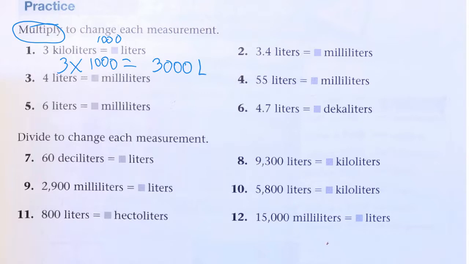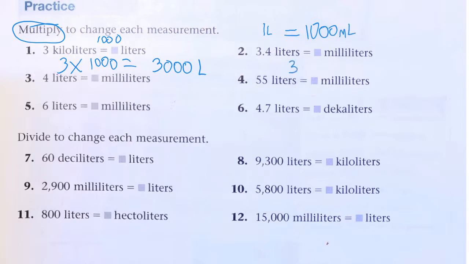Liters to milliliters is also moving the decimal by a factor of 1,000, by a power of 1,000, because it takes 1,000 milliliters to make 1 liter.